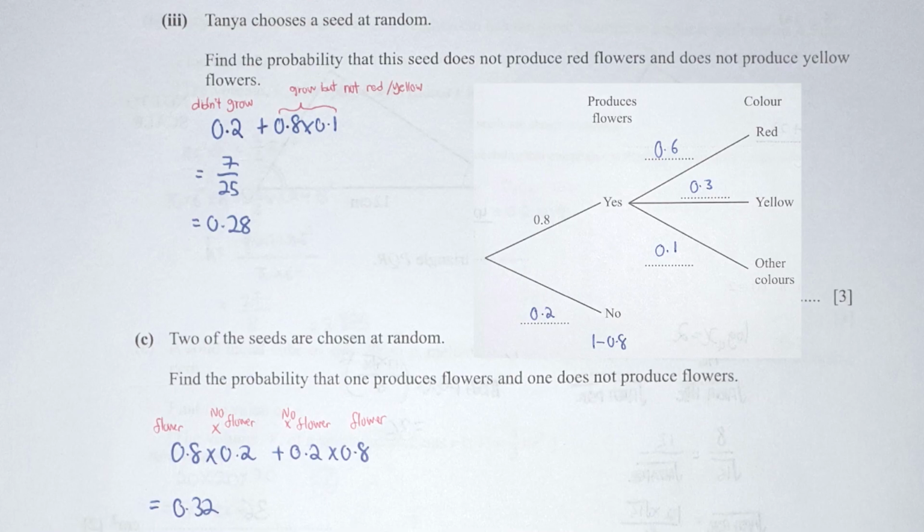So you have two scenarios here. One is it didn't grow, and the other is it grows but turned out to be a different color. So we have 0.2 added with 0.8 times 0.1. Your final answer for this will be 0.28.